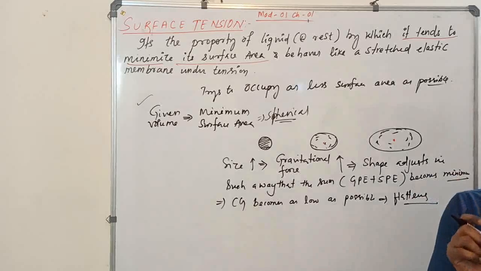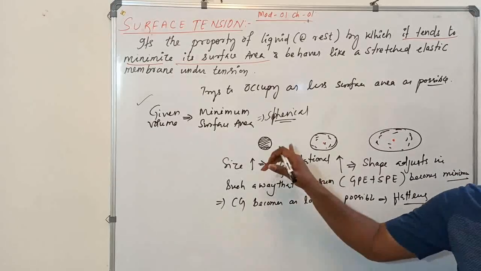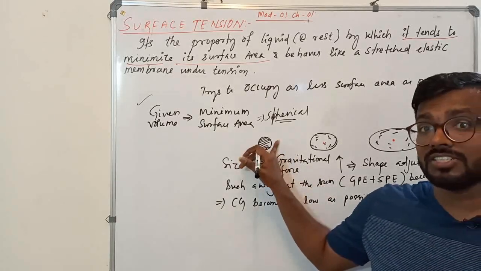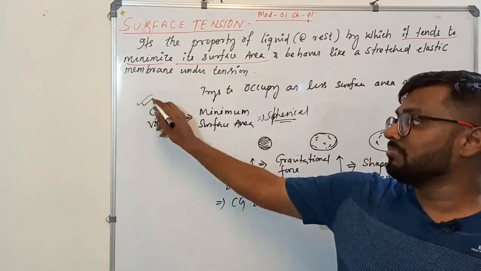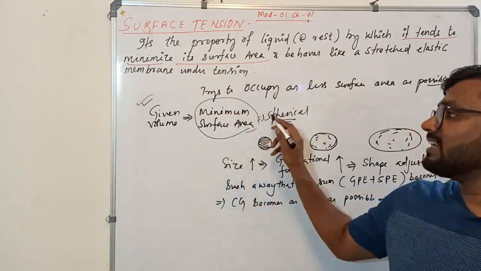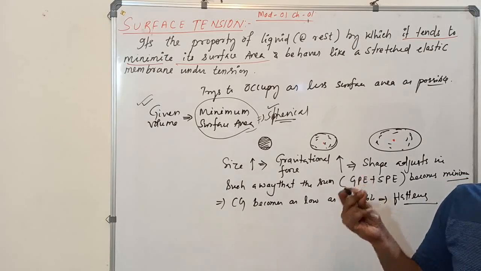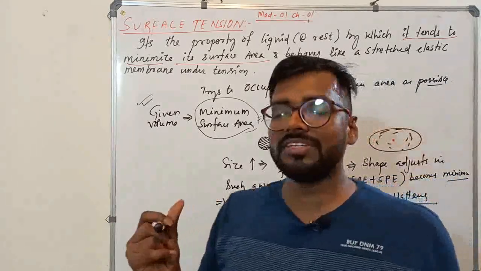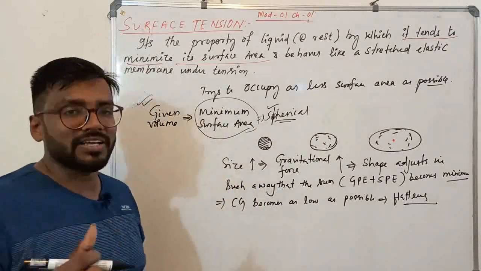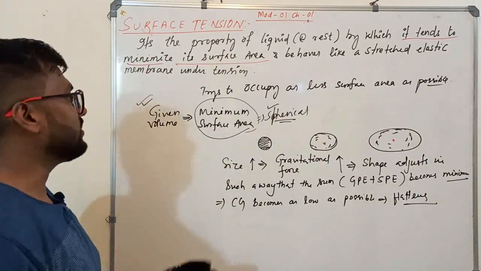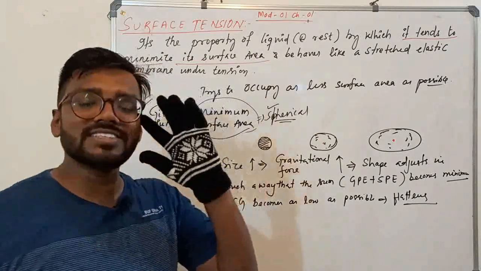But if you take a small size, they are spherical in nature. Why? Because for any given volume, the minimum surface area is for a sphere. So that's why your liquid drops are spherical in nature.